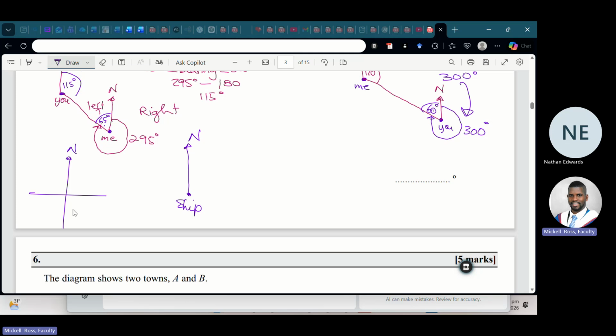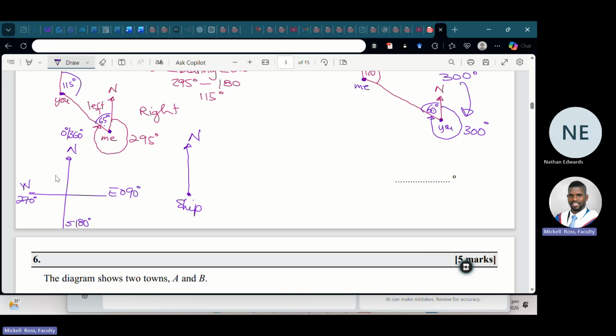So it's the north, the east, the south, and the west. We start at 0 degrees, and when we come back around, we come back to 360. We go to 90, 180, 270, and then all the way back around to 360.